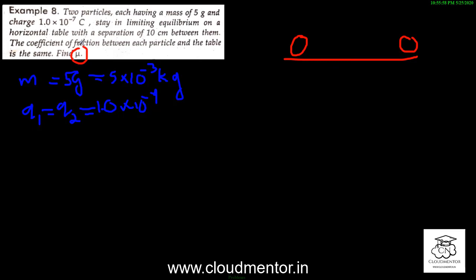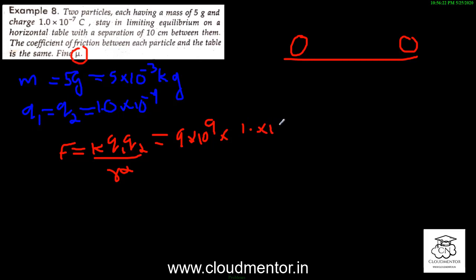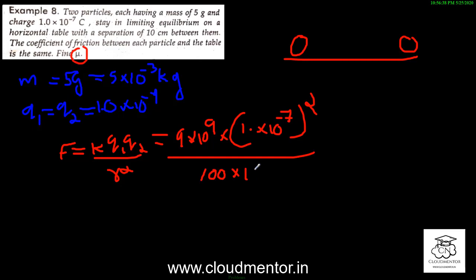So we can find it by Coulomb's law: F is equal to 1 by 4 pi epsilon, or K Q1 Q2 divided by R square, that is equal to 9 multiplied by 10 raised to 9 into Q square, that is 1.0 into 10 raised to minus 7 the whole square, divided by R square. R is given as 10 centimeter, so 10 square, that is 100 multiplied by 10 raised to minus 4, that will be 10 raised to minus 2.